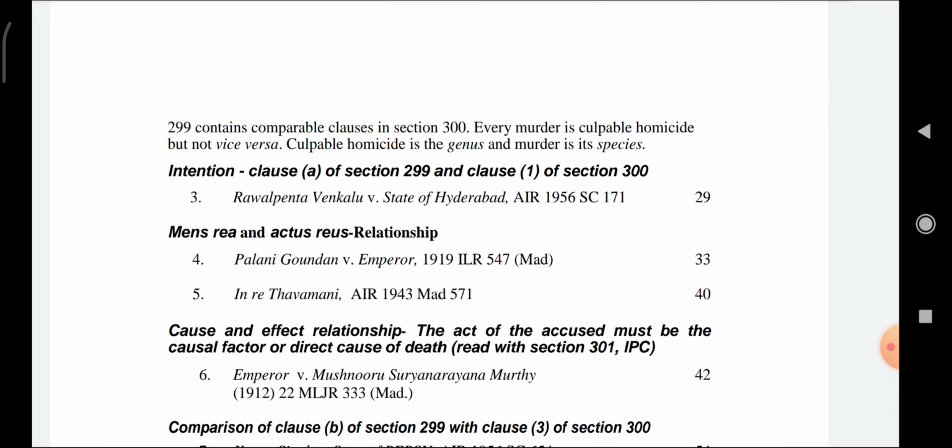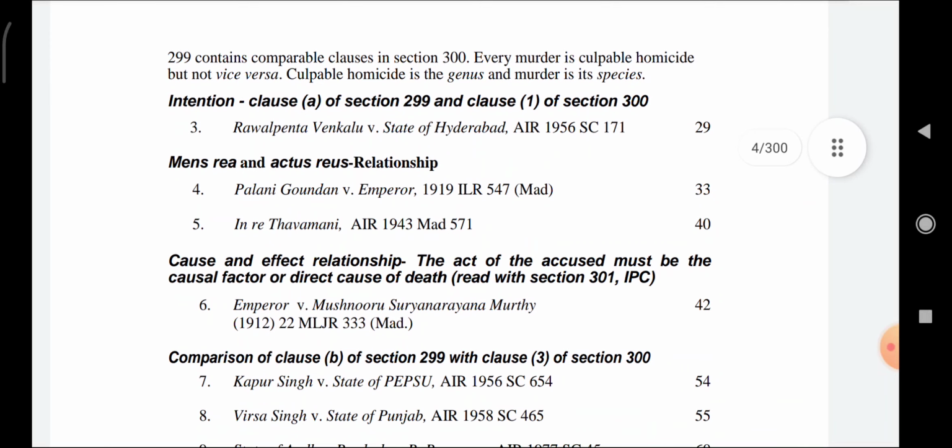You can see this case on page 29 of the case material. Mens rea and actus reus relationship. What is the relationship between mens rea and actus reus? In the first unit we read how to distinguish the elements mens rea and actus reus, but in the second unit we have to read about the relationship between mens rea and actus reus, that together form a crime.